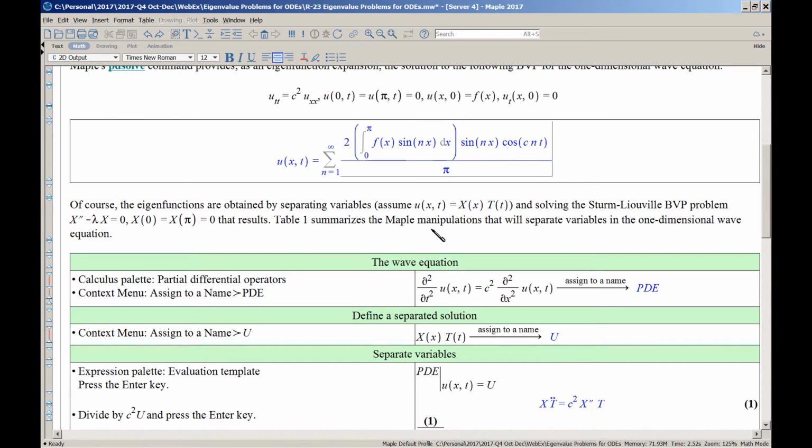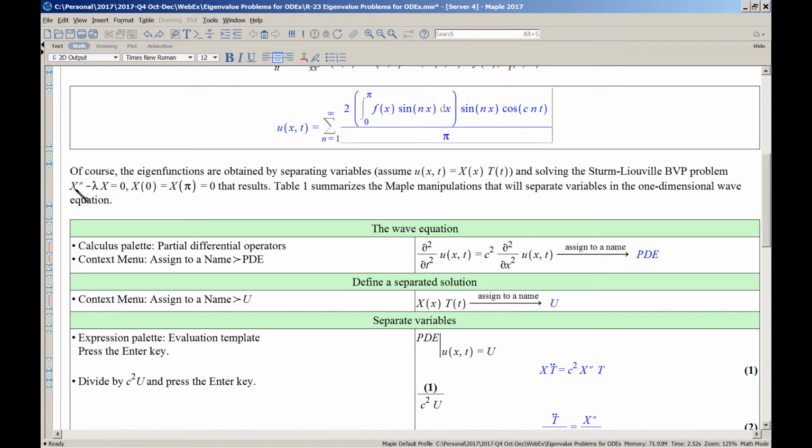Now, the way this would be obtained with pencil and paper would be to assume a separated solution as a product, X of x, T of t, and then you would end up having to solve this Sturm-Liouville boundary value problem.